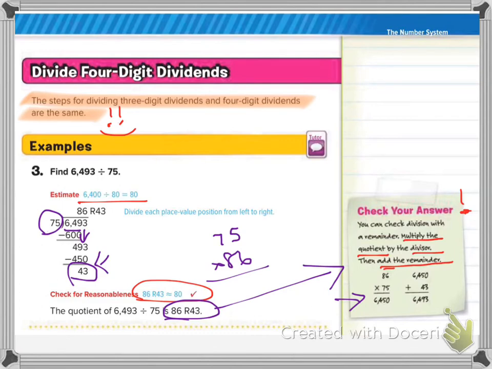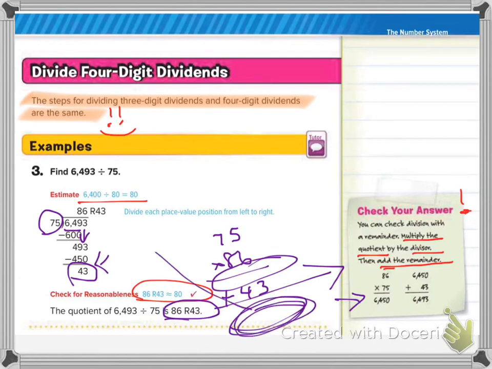Then if you have a remainder, you're going to add that remainder to this answer. And this should equal what you are dividing.